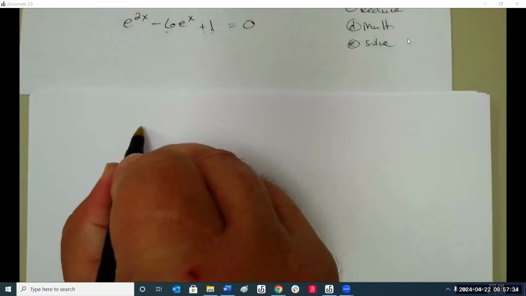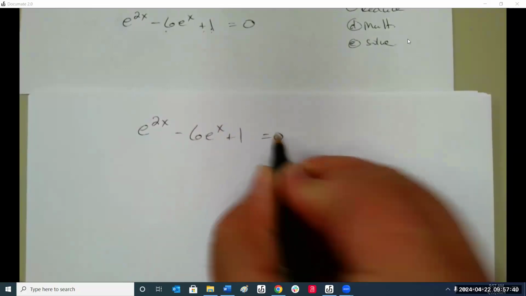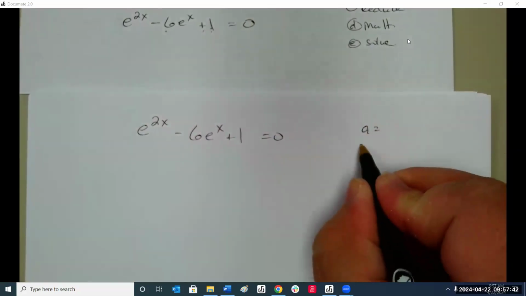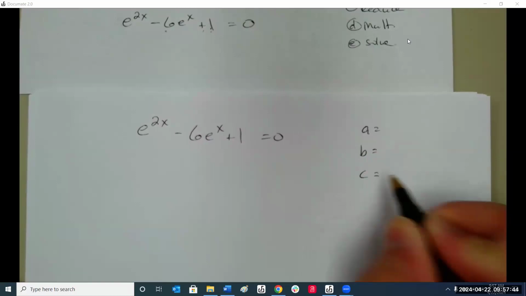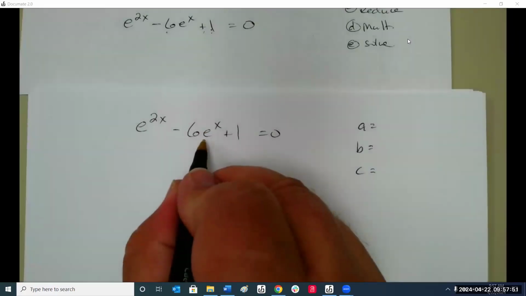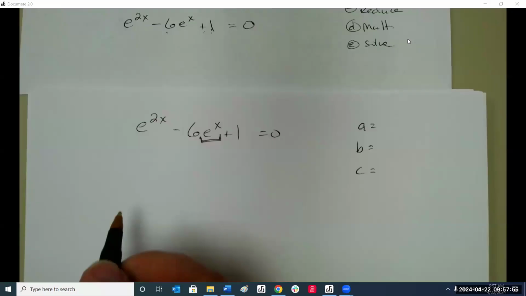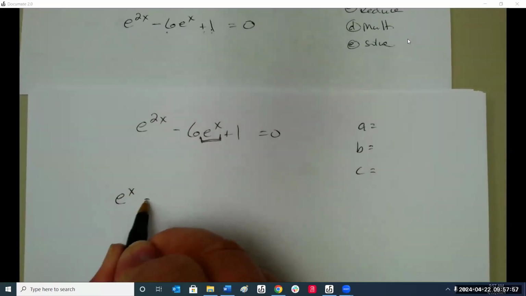So we have e to the 2x minus 6e to the x plus 1 equals 0. A, B, C. Because what we're solving for is the middle variable, we're solving for e to the x.